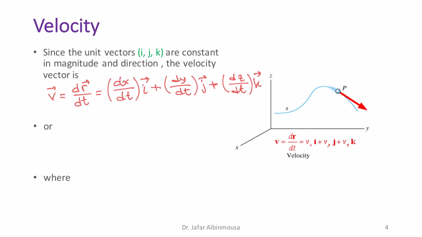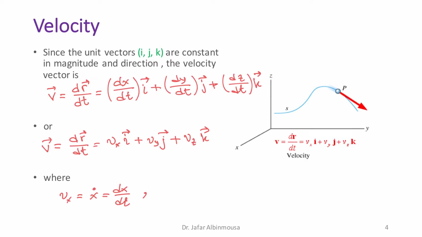In other words, v can be written as dr over dt, as the magnitude v_x multiplied by the unit vector i, plus the magnitude v_y multiplied by j, plus the magnitude v_z multiplied by k, where v_x is equal to x dot, which is dx over dt, and similarly v_y is y dot, which is dy over dt, and finally v_z is z dot, which is dz over dt.